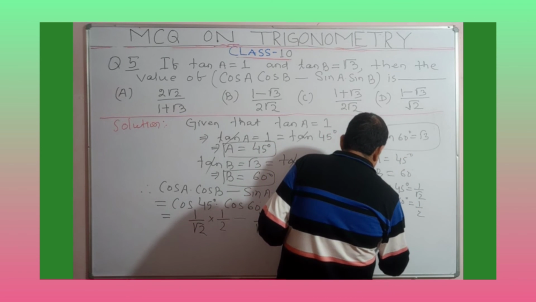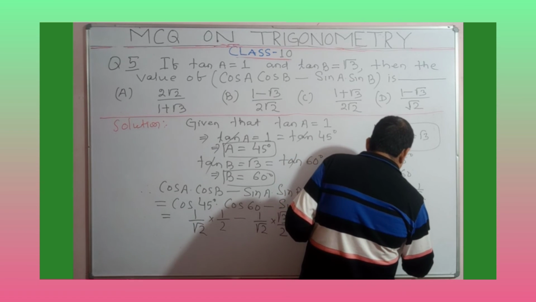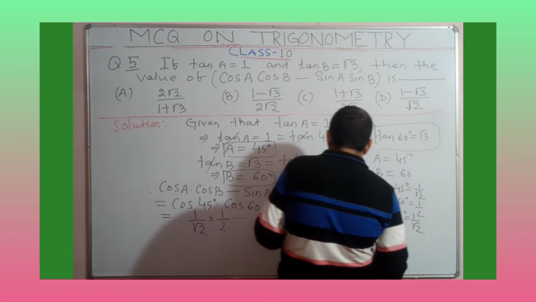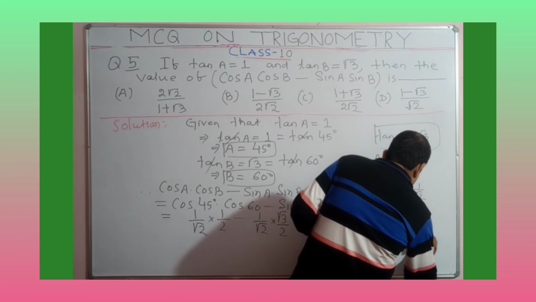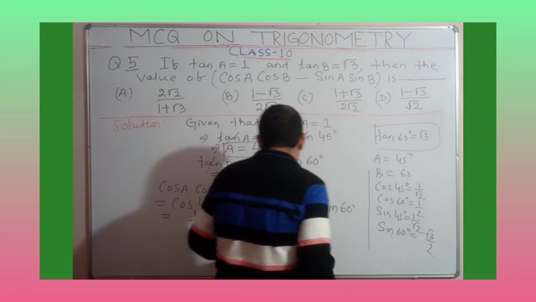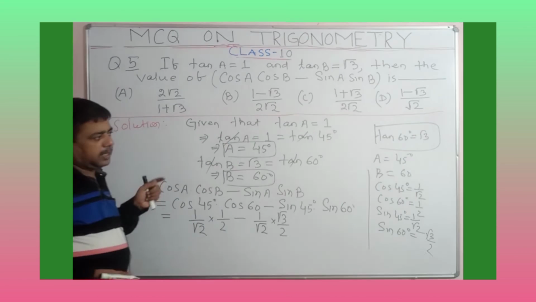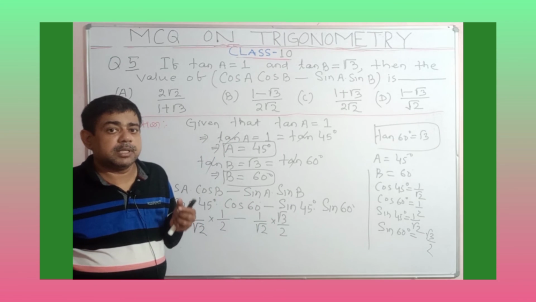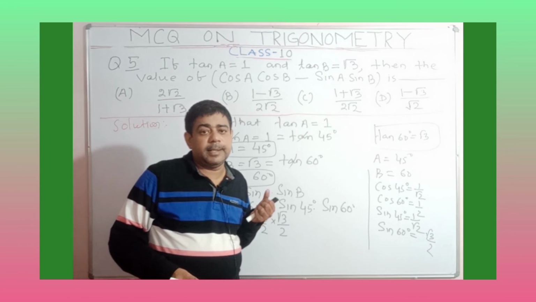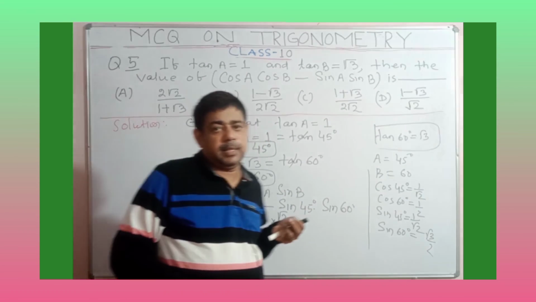Sin 45 degree is equal to 1 upon root 2. And sin 60 degree is equal to root 3 upon 2. All of you know and also remember. There was a short trick I also explained. You can see that video on how to use a short trick method to find the trigonometric ratios of angles 60 degree, 45 degree and 30 degree.